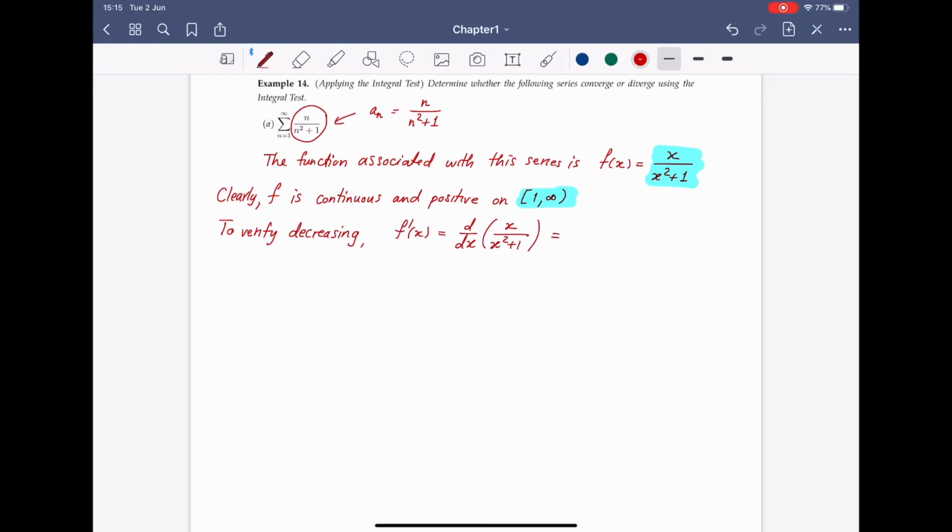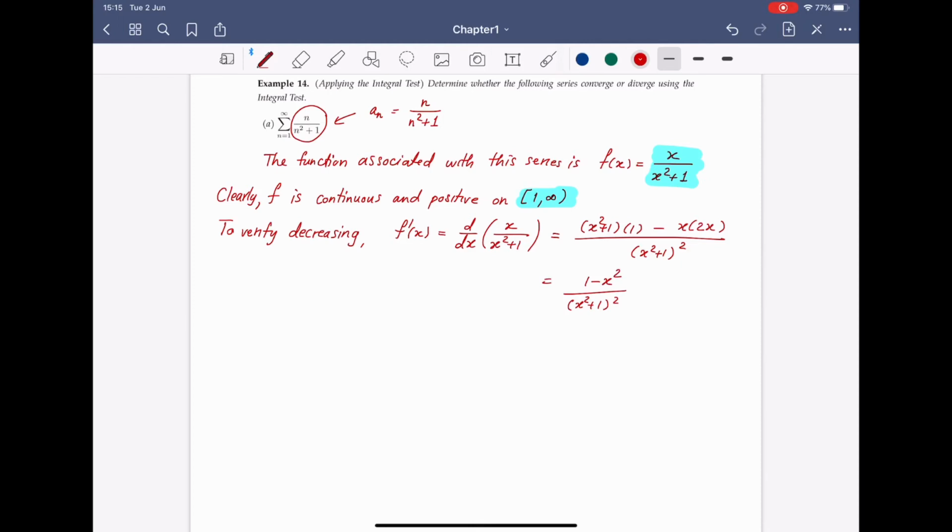We have x squared plus 1 times 1 minus x times 2x, over x squared plus 1 squared. I use low d high minus high d low over low squared. After simplifying, the denominator is x squared plus 1 squared and the top is 1 minus x squared. You can simplify it at home.